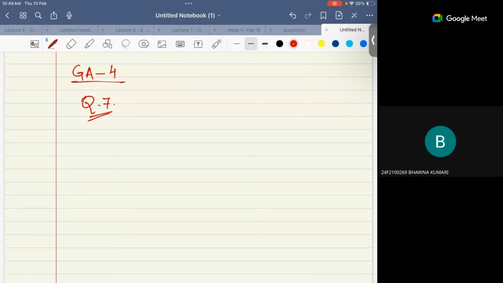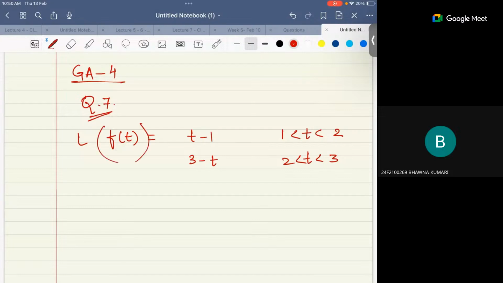So the question is, f(t) is defined as t minus 1 for t from 1 to 2, taken as 3 minus t for t from 2 to 3, and 0 otherwise. You have to calculate the Laplace transform with this, correct? Yes, sir.